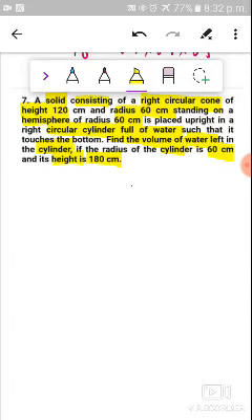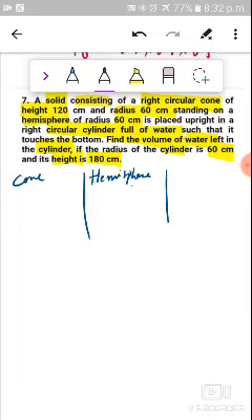Okay, so here we are having a combination of 3 solids. One is a cone, then another one is a hemisphere, and at the last it is a right circular cylinder. For the cone, it is given that the height is 120 centimeter and the radius of the cone is 60 centimeter.